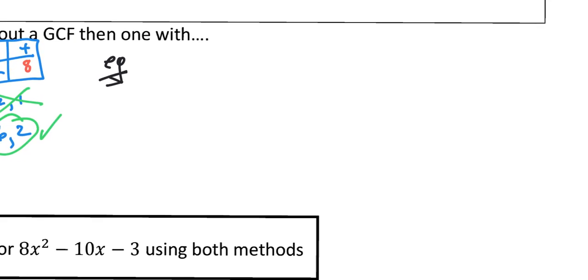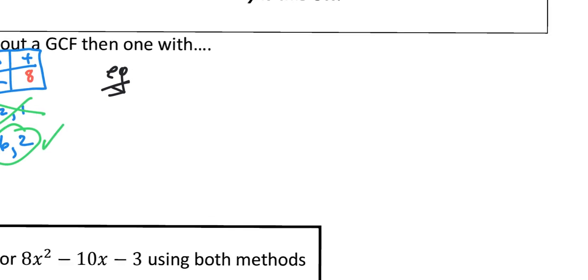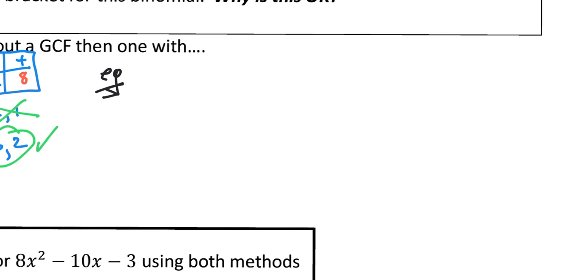So imagine that we have something that looks like this. 8x squared minus 13x. No, not 13x, minus 26x. And then minus 24.